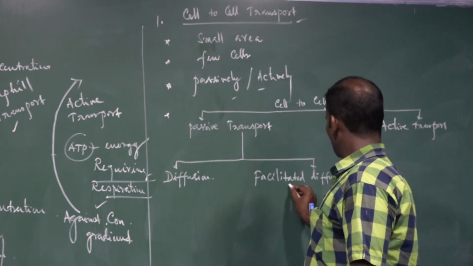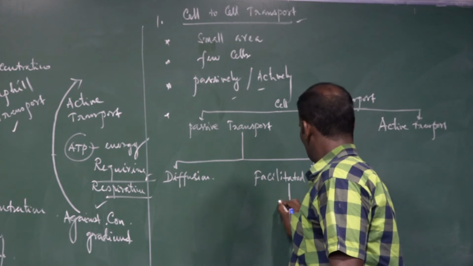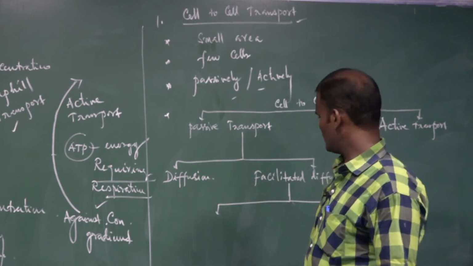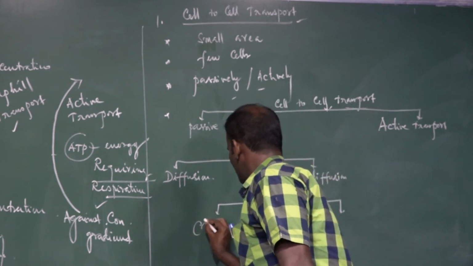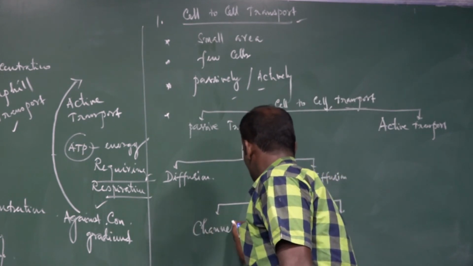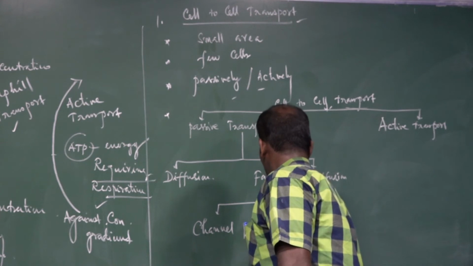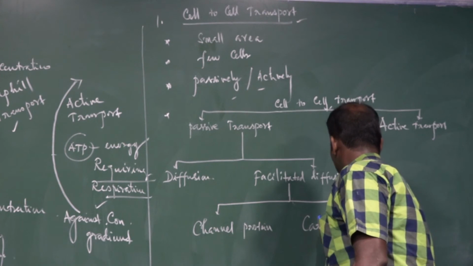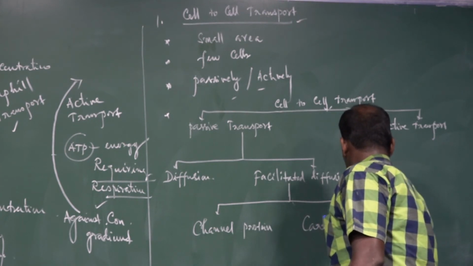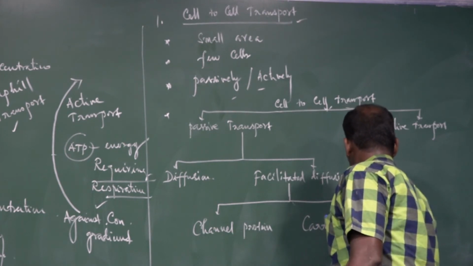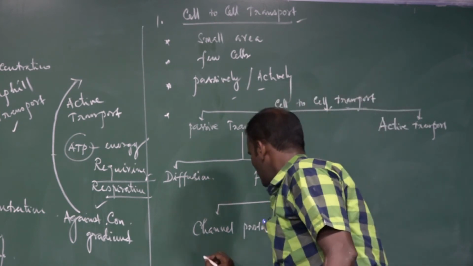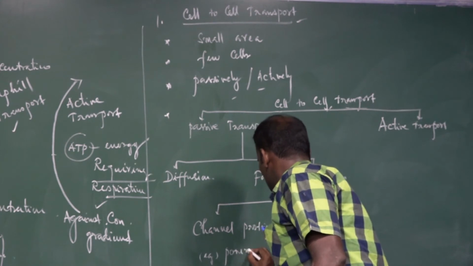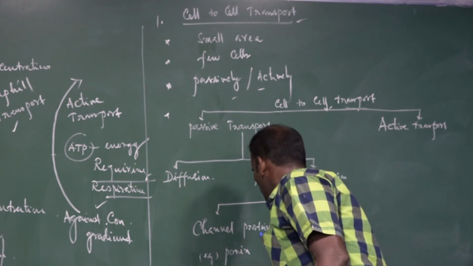Facilitated diffusion involves the help of specialized proteins present in the cell membrane. These are called channel protein and carrier protein. There are two types of channel protein, for example porin and aquaporin.